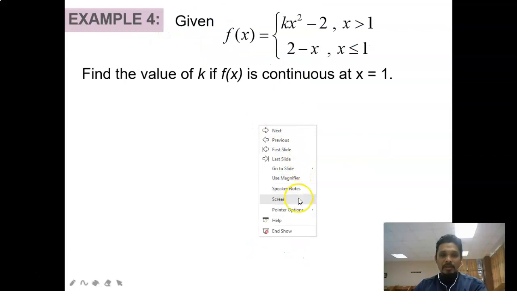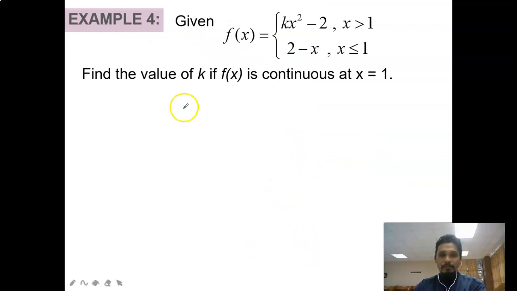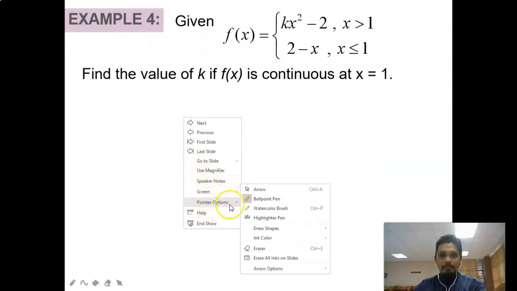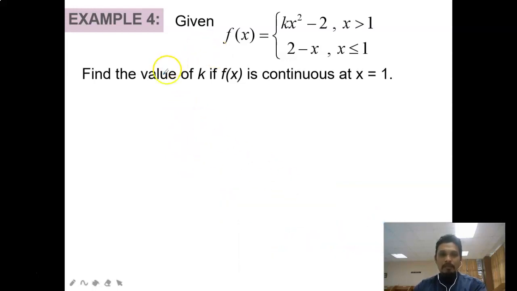Okay, so let's take a look at this one here now. Find the value of k, given f(x) here, find the value of k if f(x) is continuous at x equal to 1. Okay, so just imagine that we are focusing on this.